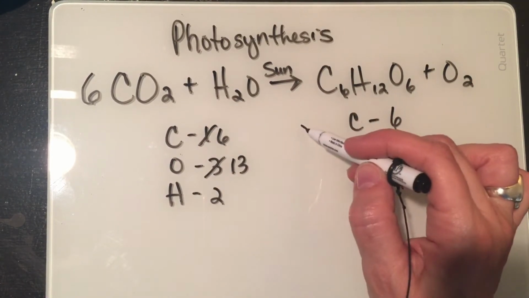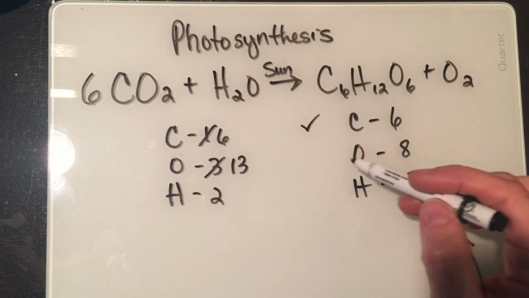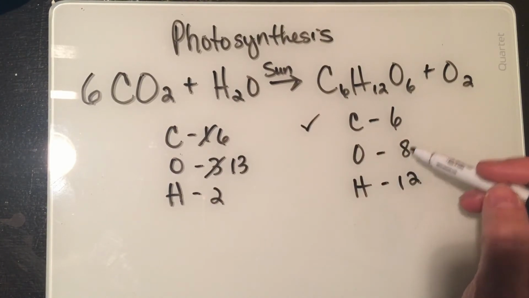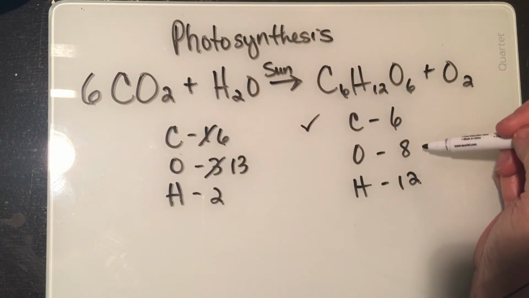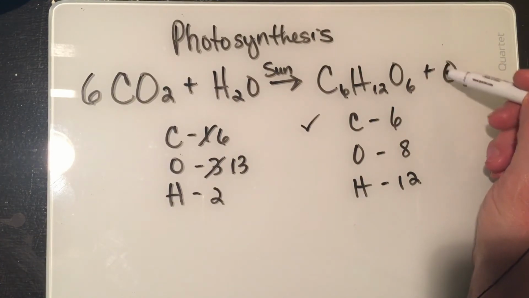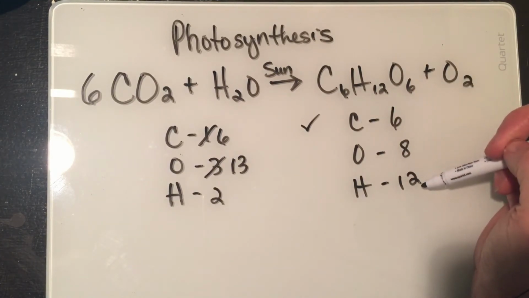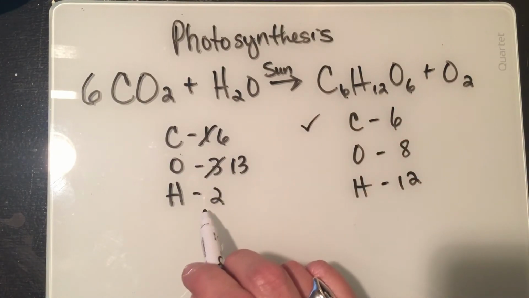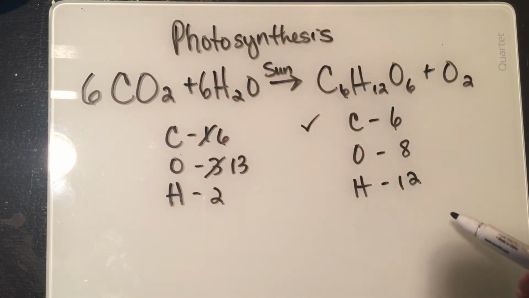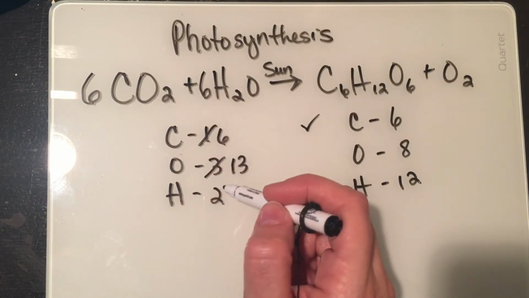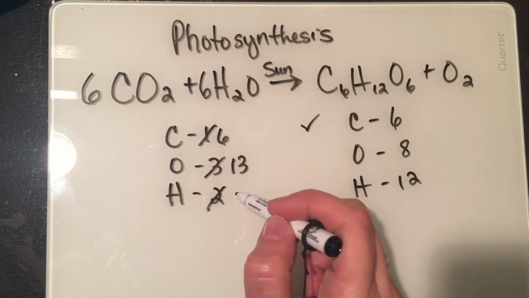My carbons are good. My oxygens are not, so I need more oxygens over here. Let me look at my hydrogens as well. So I have 12 here and 2 here, so I need to put a 6 in front of this to give me 12. Okay, I've got 12 hydrogens now.